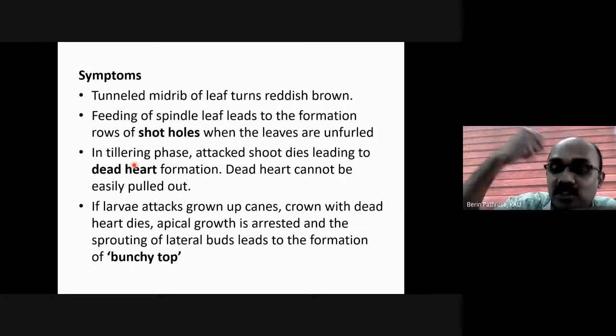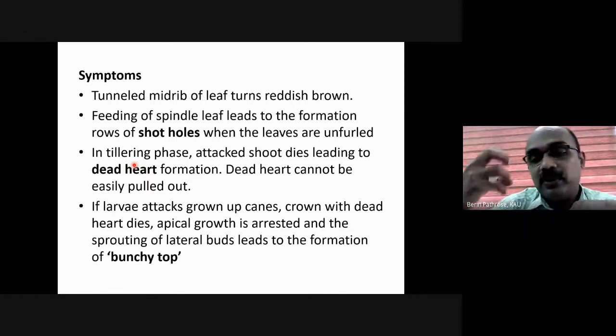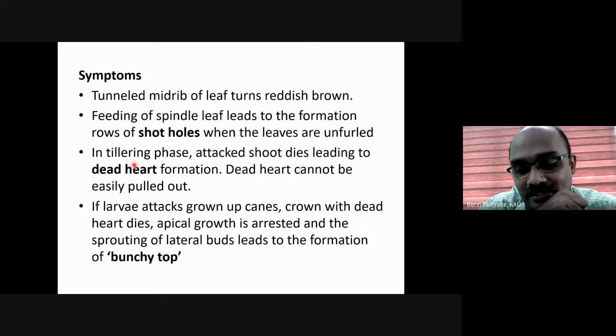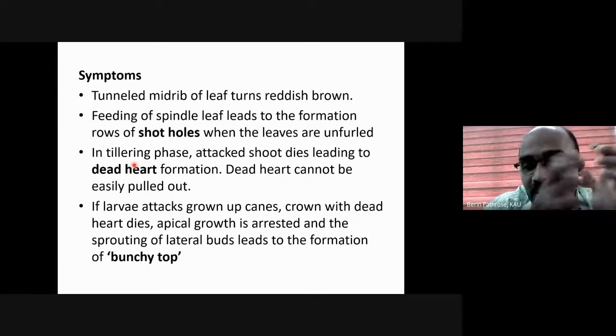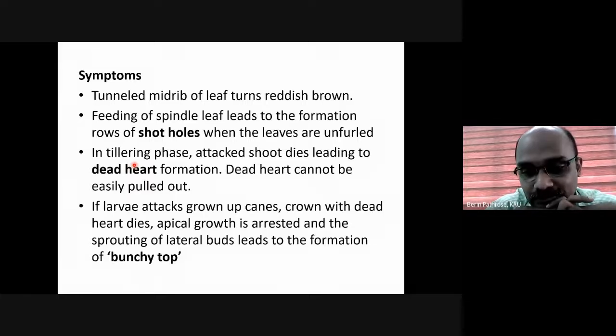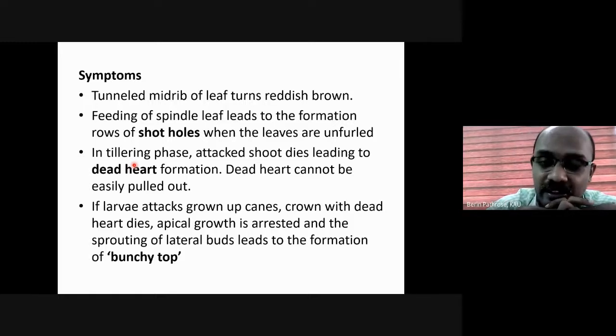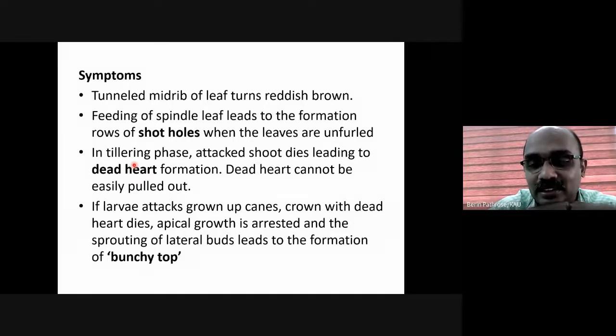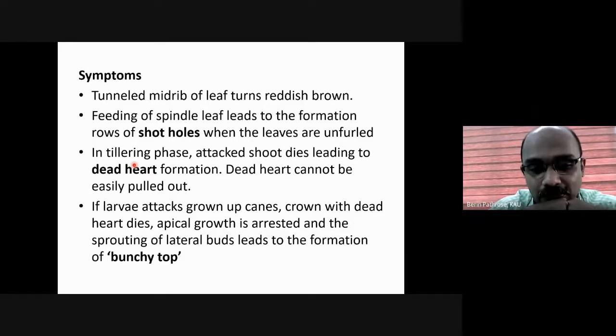It feeds on the apical bud. The central shoot dies. So what will happen if the central shoot dies? If the larvae feeds on the central shoot and the central shoot dies, what will happen? Just like in any other crop, if you remove the terminal bud, what will happen? No further growth.